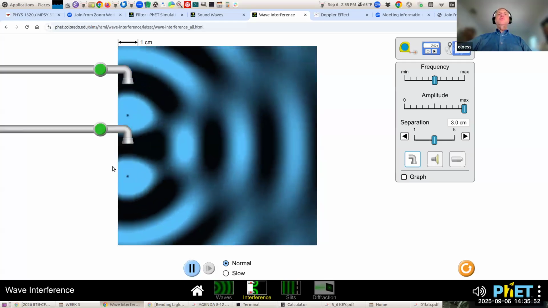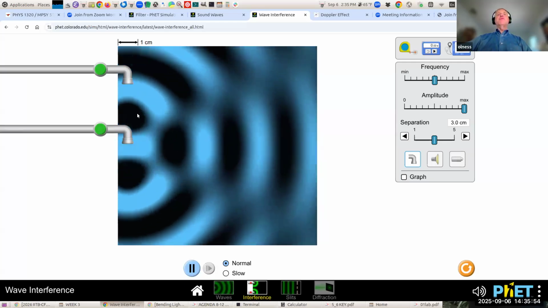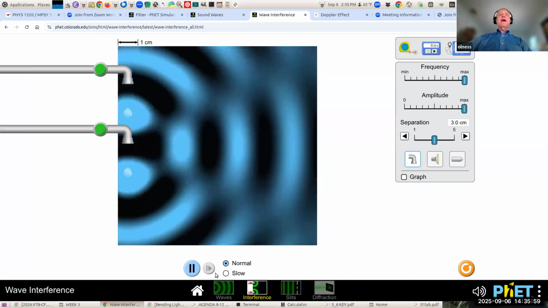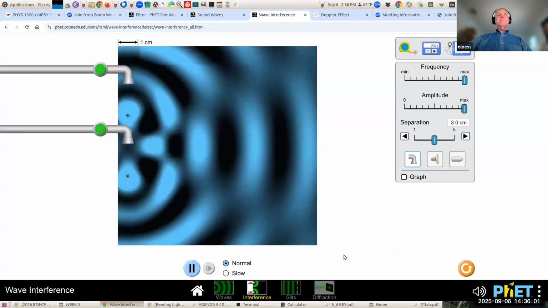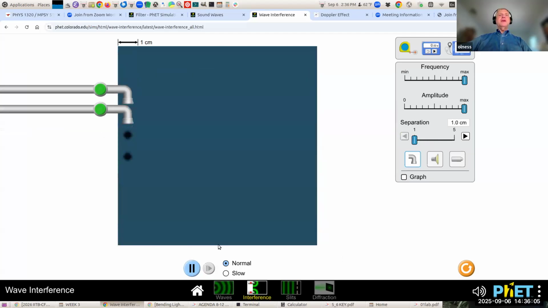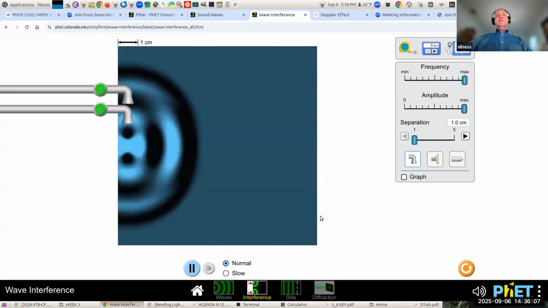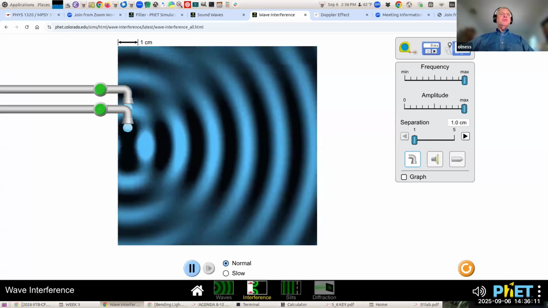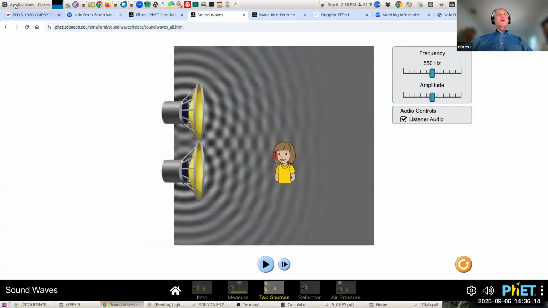So the two waves will add up and interfere with each other, and this is the type of pattern you get. I can up the frequency and decrease the separation, and I get various patterns. Let me pause that and let's go to the sound wave one.